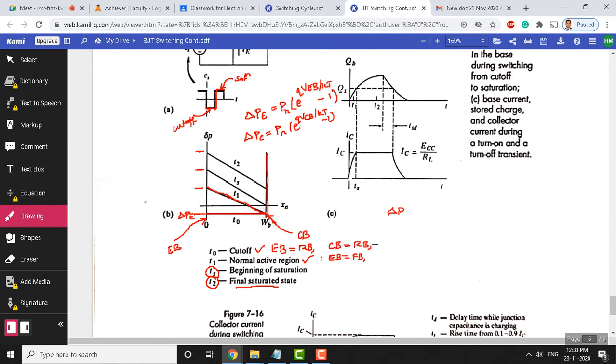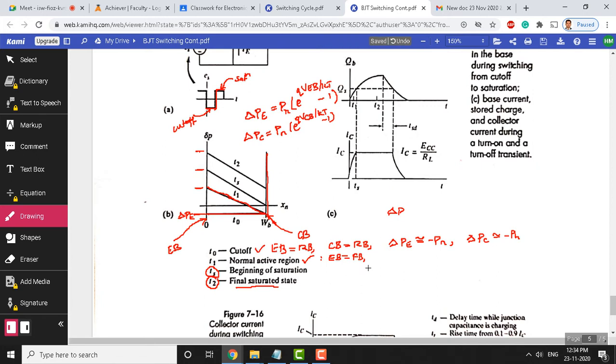Now, what will happen to the delta P? Let us observe it. Substitute negative values, because V E B will be negative for reverse bias, and V C B also will be negative. Therefore, delta P E will be approximately equal to minus P n. This we have seen in the cutoff region operation. Delta P C also will be equal to minus P n. That is why you see the negative region below this. This T naught corresponds to the cutoff region.